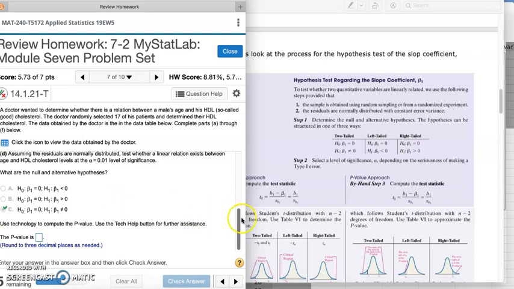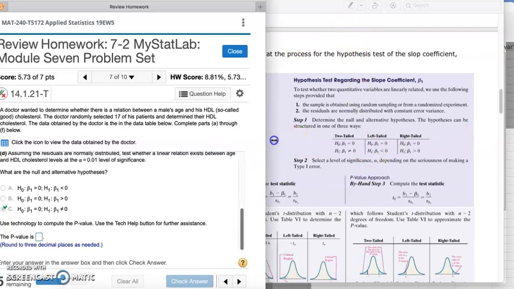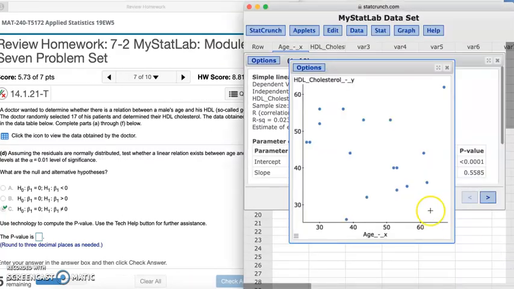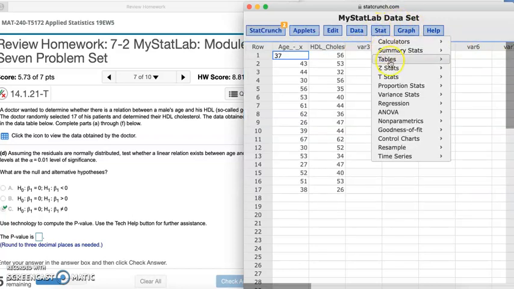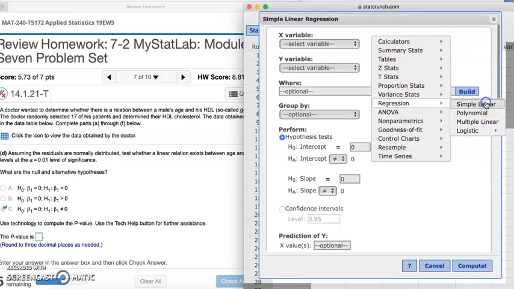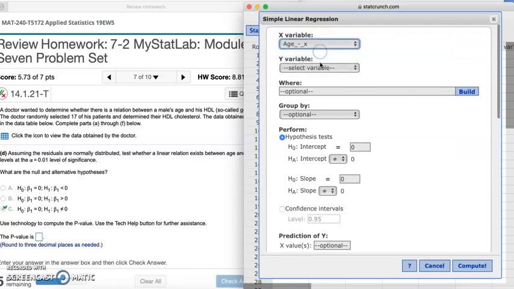Use technology to compute the p-value. Use the Tech Help button for further assistance. So the p-value, we're going to go back to our StatCrunch window and close out our scatter plot. Just to reiterate, let's pretend like we didn't just do that. We'll go back. We're going to go to regression, simple linear, just like we did to create the linear regression. So if you know you're going to have to do a couple like these, you can go ahead and set them up the way you want them.